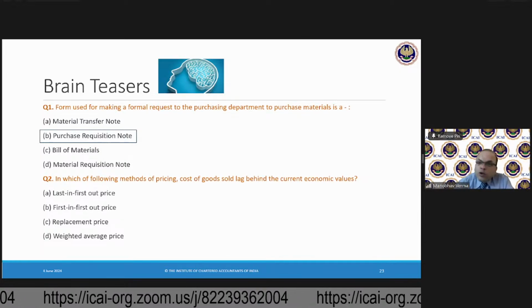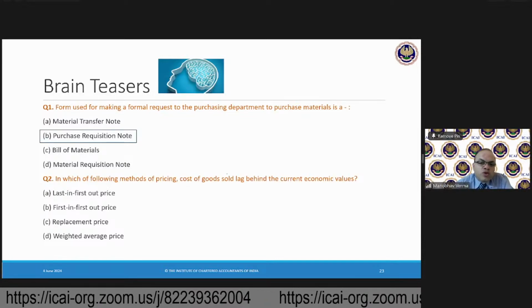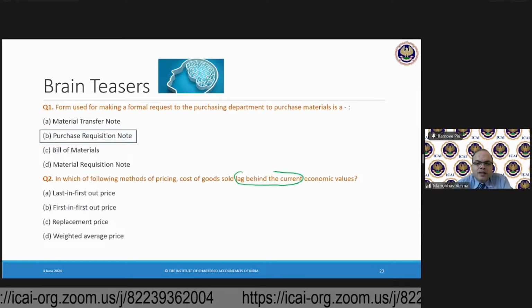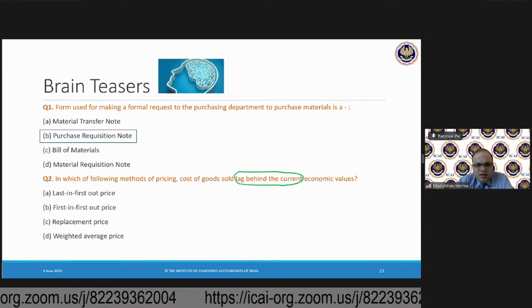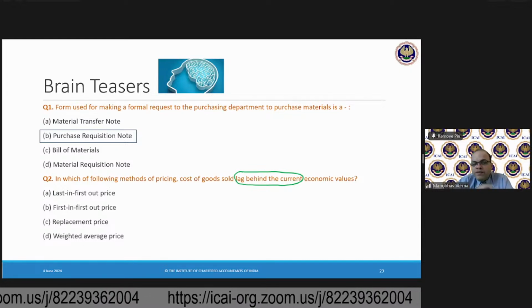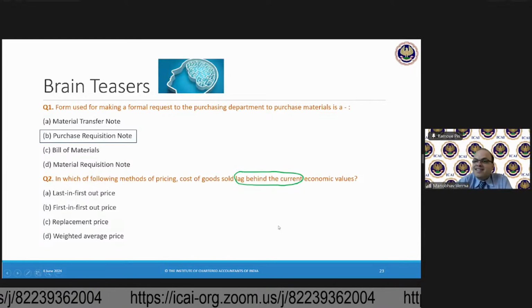I think you guys are missing out one point here. In which of the following methods of pricing cost of goods sold lag behind the current economic value, lag behind? That means the cost of goods sold are probably the earlier prices. And we just did an example on that one. If we are saying that cost of goods sold lag behind, that means they are not reflecting the current prices, guys.